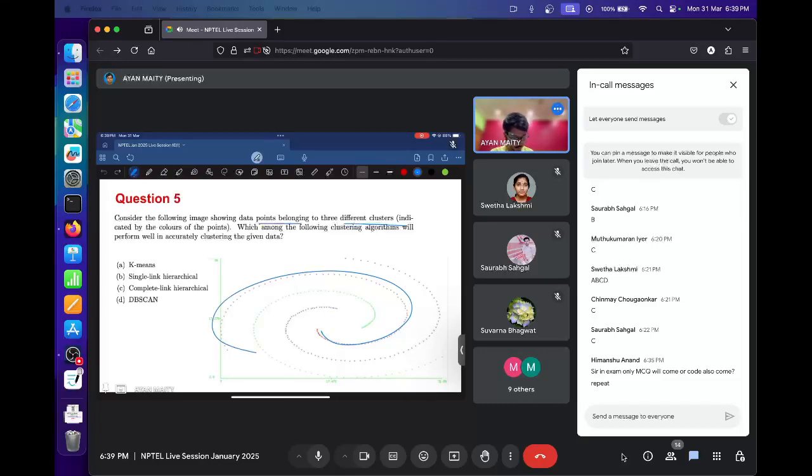Which of the following clustering algorithms will perform well in accurately clustering the given data? There are four clustering algorithms given: K means, single link hierarchical, complete link hierarchical, and DBSCAN. Multiple options may be correct in this question.